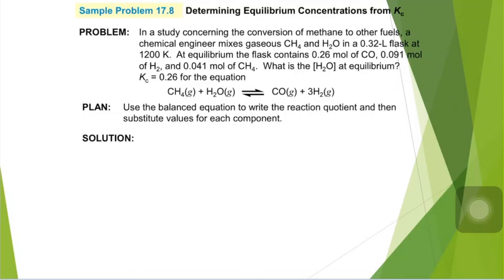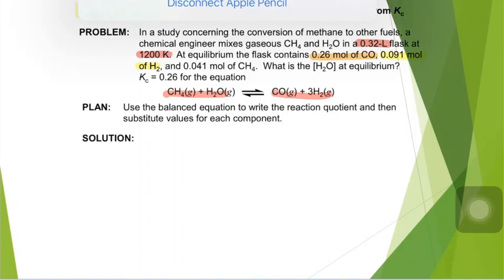So we have a reaction of the methane and H2O to produce carbon monoxide and 3H2. Look at the important information that we have in the question. We have a volume of the flask 0.32 liter, and then the temperature is 1200. We have the amount of the CO, 0.26 mole of CO, and then we have 0.091 mole of the H2.